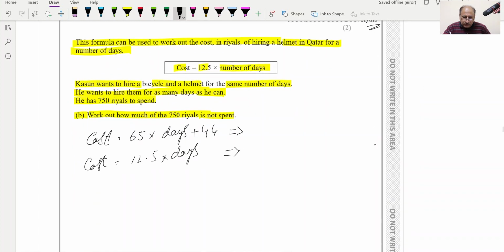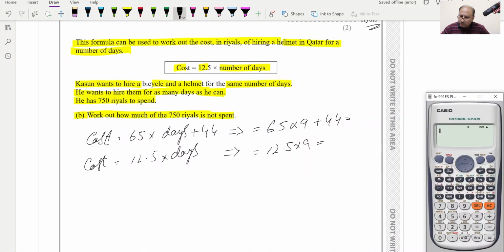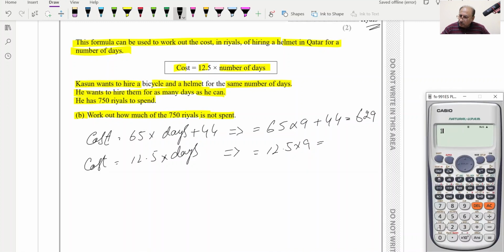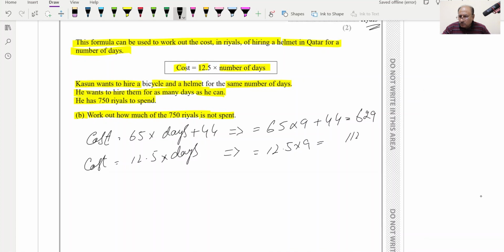So if we replace 9 in this formula, it will be 65 times 9 plus 44, which will be equal to 629, and for the helmet, 12.5 multiplied by 9 will be 112.5.